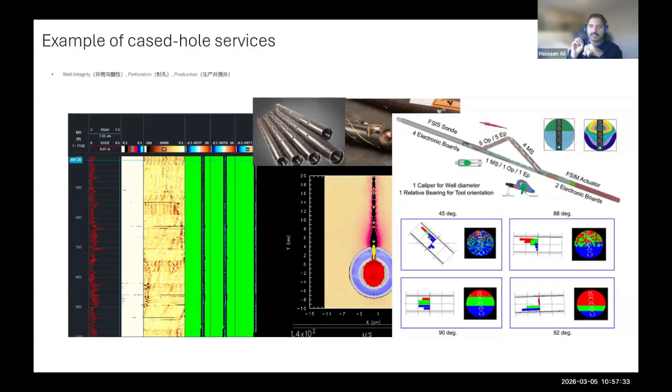And by emitting neutrons and getting them back, it is trying to figure out the formation properties in terms of how much porosity is there. It is also trying to determine how much water is there, because you're not taking any physical sample, right? So you don't know.